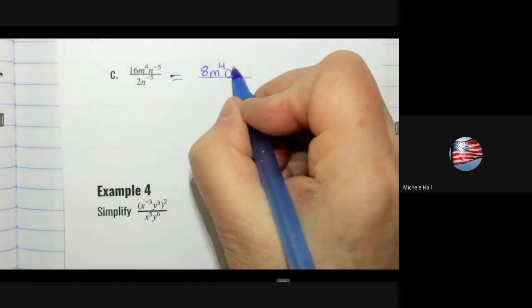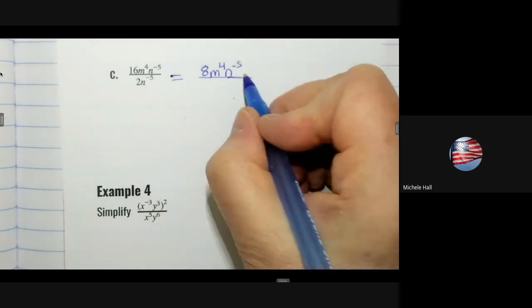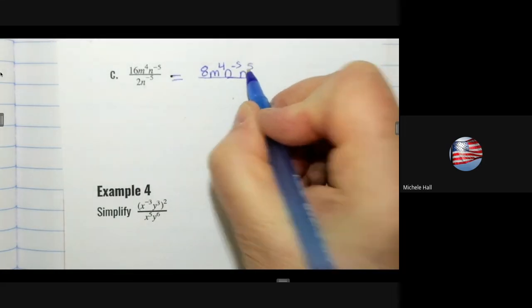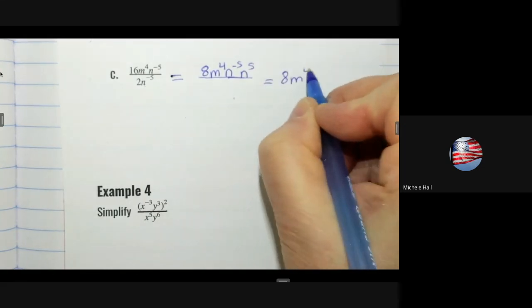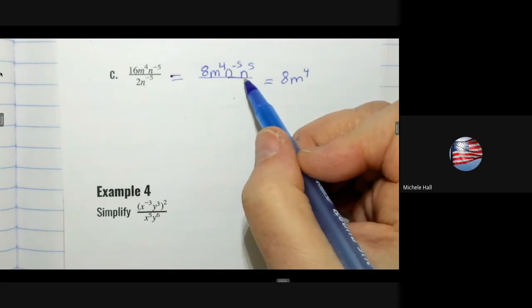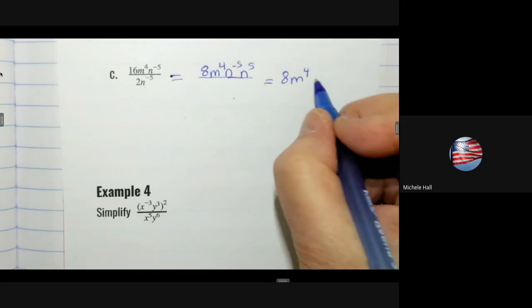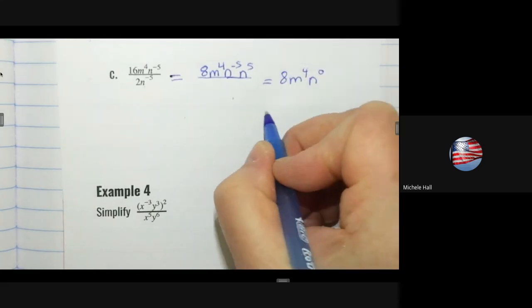So I already have n to the negative 5. And when I bring n to the negative 5 to the numerator, it changes the sign. It becomes positive 5. Now I have 8m to the fourth. And then I have n to the negative 5 times n to the 5. You add your exponents and you get n to the 0. Final answer?